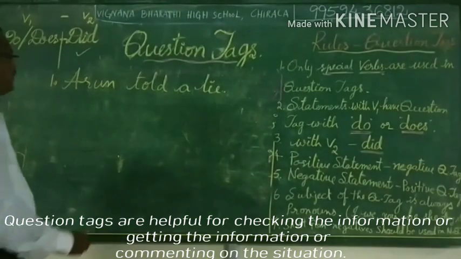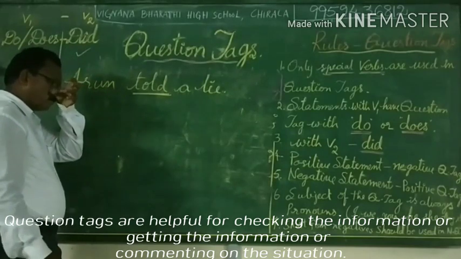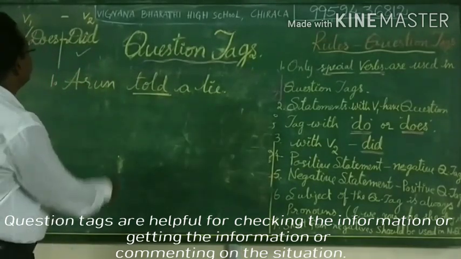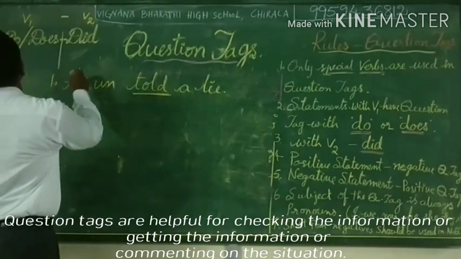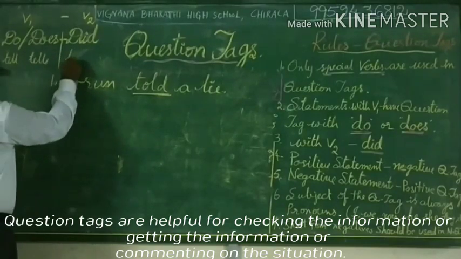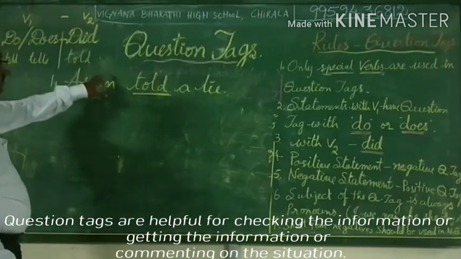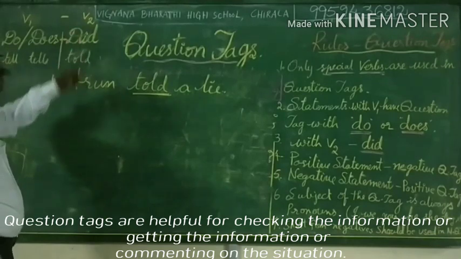So here in the sentence, told is the main verb, that is in did form. Tell, tells, told. So this comes under verb 2, did form.